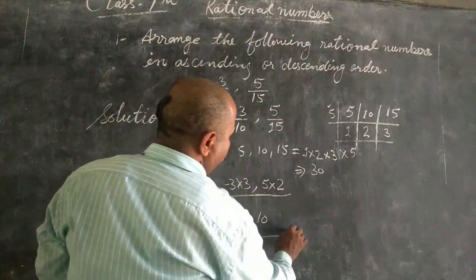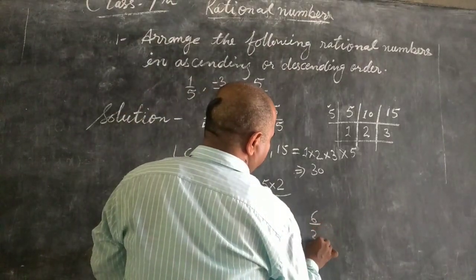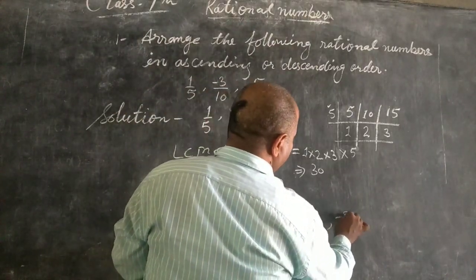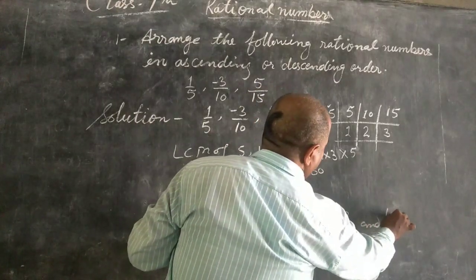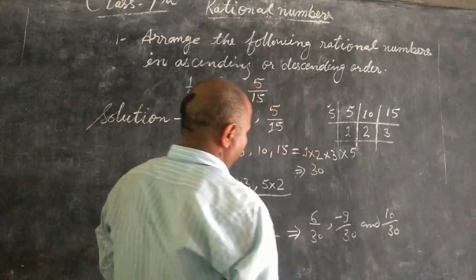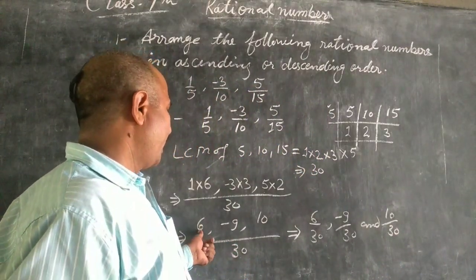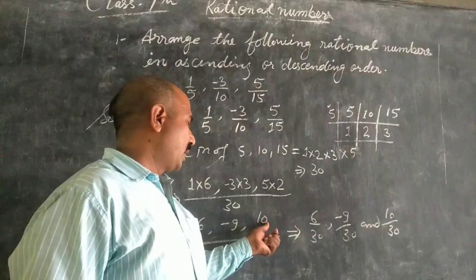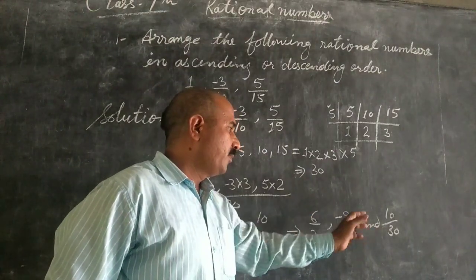Now you can write it in a separate way. You can write 6 by 30, minus 9 by 30 and 10 by 30. The LCM is the denominator of each and every numerator, so you can write it separately in this way.